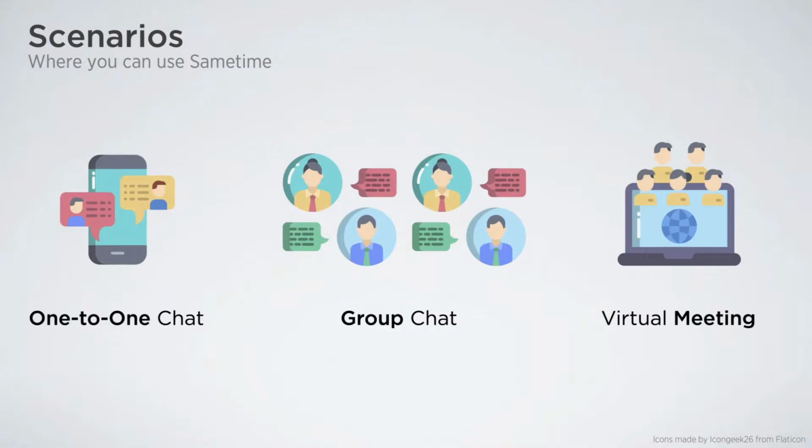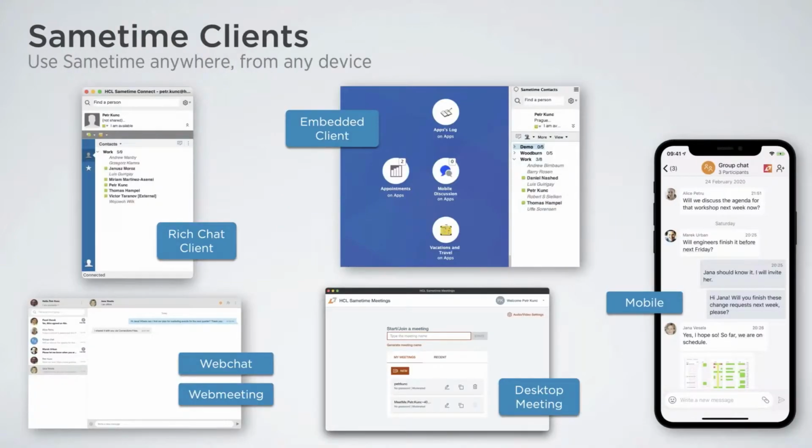Speaking about clients and browsers and ways to access Sametime, this is just a short overview of how many ways you can access Sametime functionalities. If you are a Notes and Domino company, you probably use the Sametime client as a part of the Notes client. That's the middle one, the embedded client.